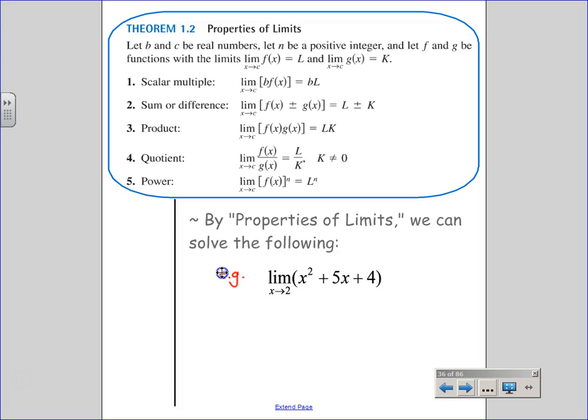So the properties say either you can find L and you can find K, because they give you actual little function pieces, and you can find these limits and then use them properly, or they cannot give you the functions at all. They can totally keep the functions hidden, but give you the L's and the K's, and then you should know what to do with them, just by nature of the properties.